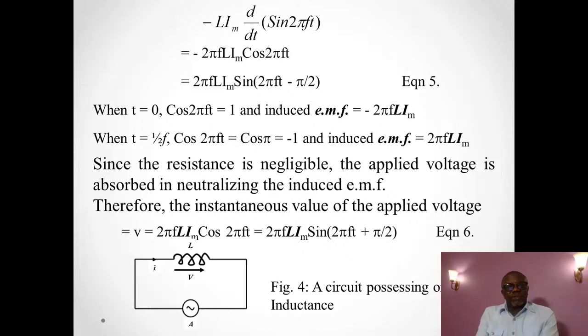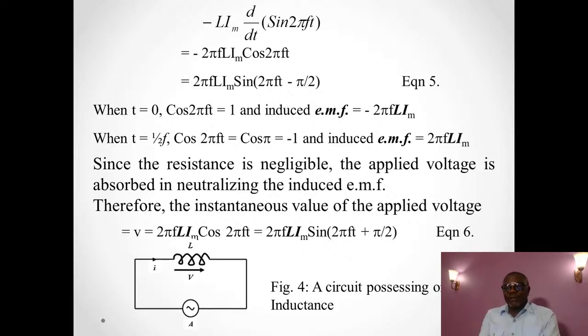When t is equal to half f, that is, half the period of the wave, then cos 2 pi ft will be equal to cos pi, which will be equal to -1, and induced EMF will be 2 pi fLIm.